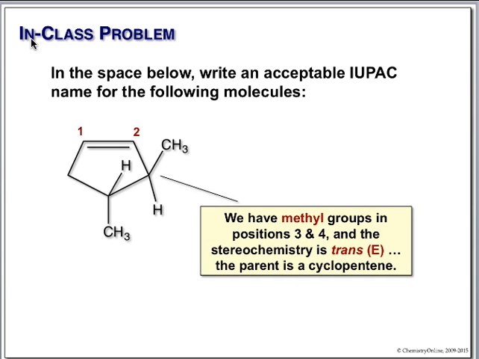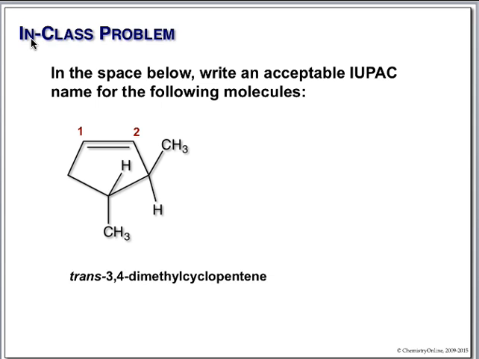We could use E. And we have methyl groups in 3 and 4. Again, the instruction said to use trans and not R and S. We could do that, of course. We'll just call this trans 3,4-dimethyl cyclopentene. Any questions?